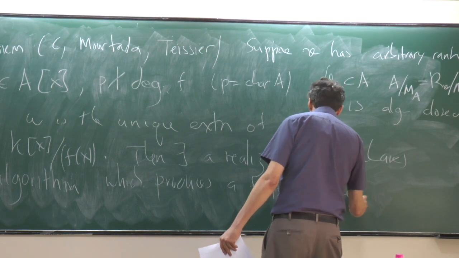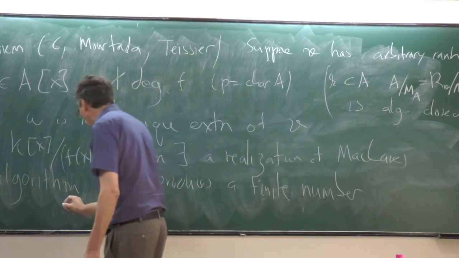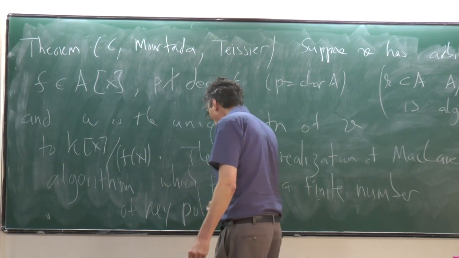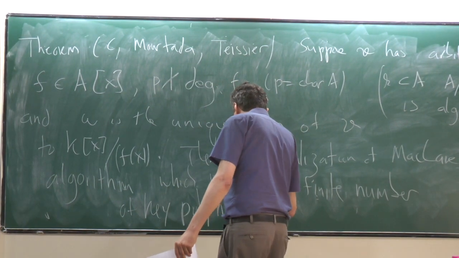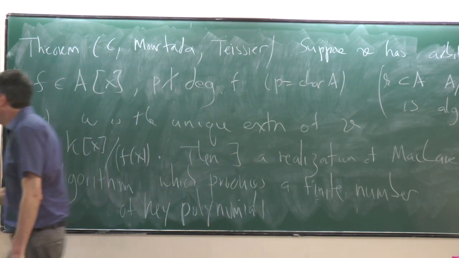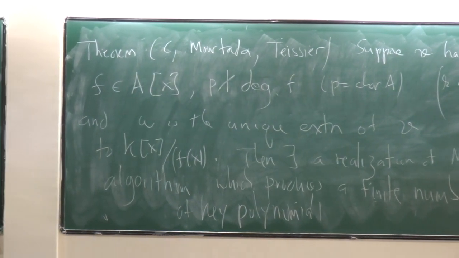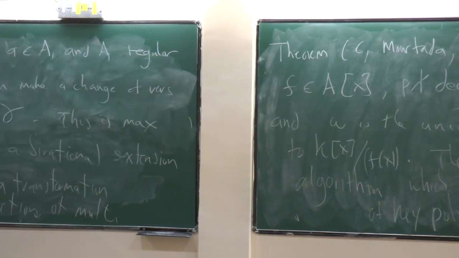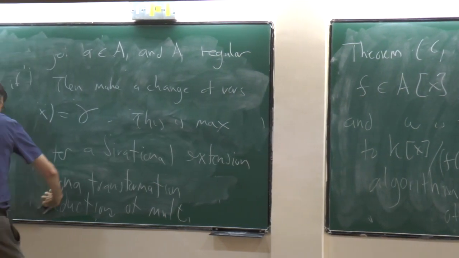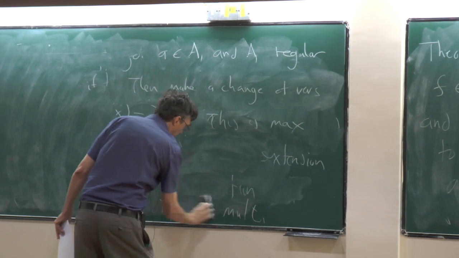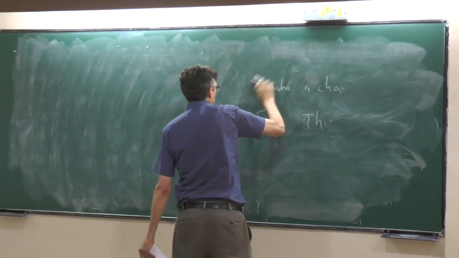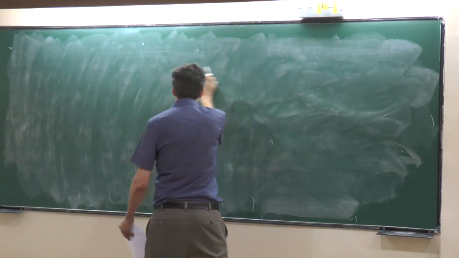So it terminates after a finite number of steps. Polynomials phi_1 up to phi_k, which actually all live inside A[x]. You don't have to take a birational extension.